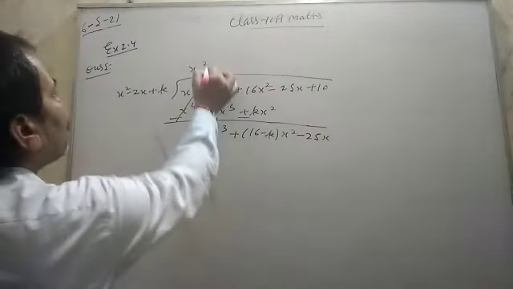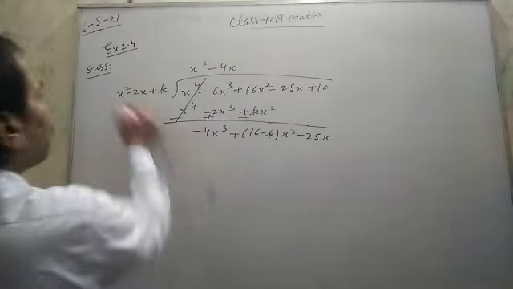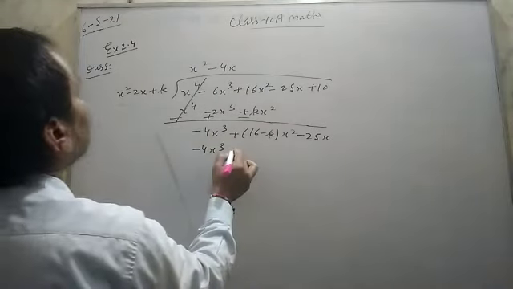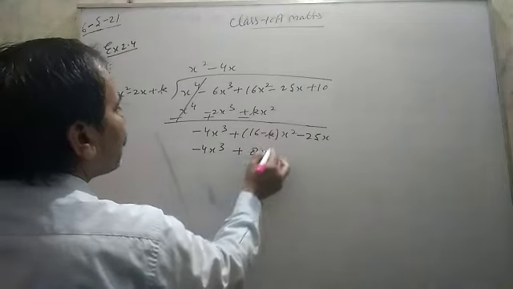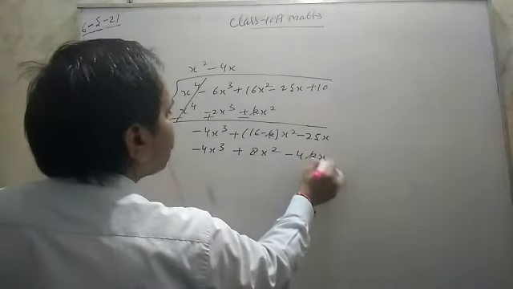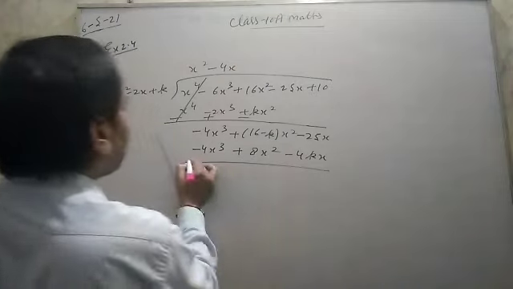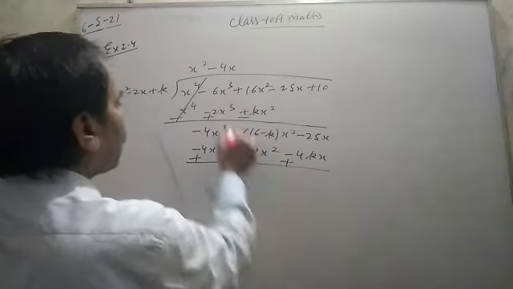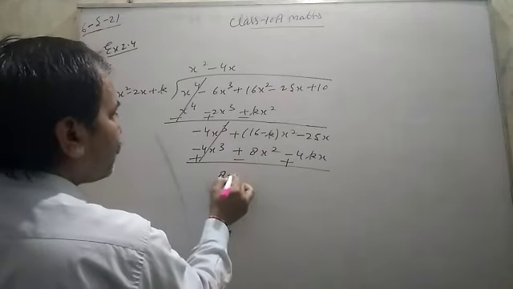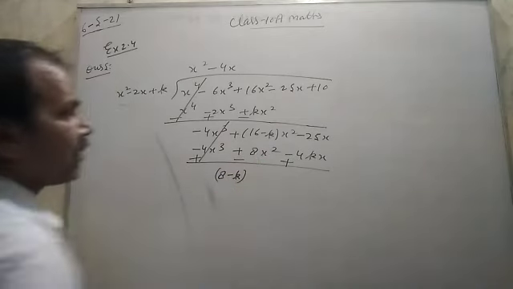Minus 4x multiplied gives minus 4x cube plus 8x square minus 4kx. Then 16 minus 8 is 8, so this will be 8 minus k.